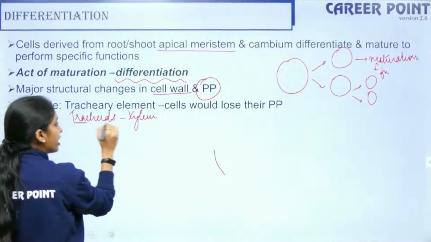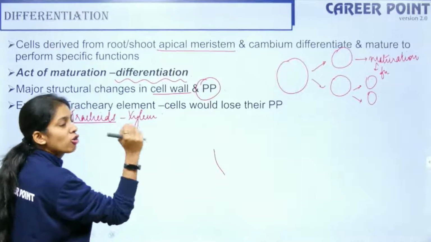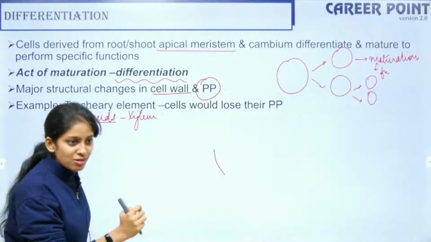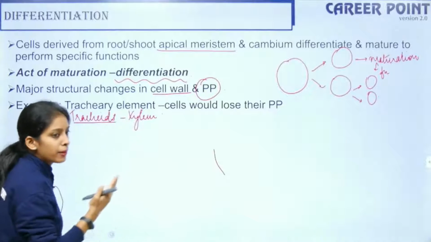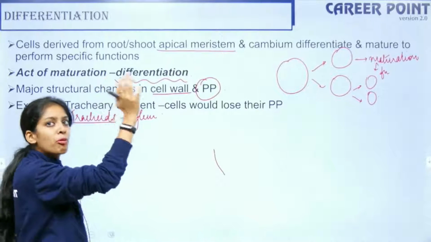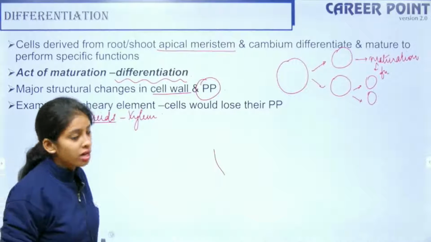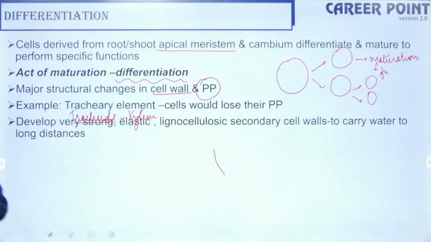But initially the tracheids are living. They contain protoplast when they undergo meristematic division. But when they tend to take up a final function, they lose their protoplast. So that is why they become dead, because now they have taken up a final function. They are performing the function of transport of water, right? So this is known as differentiation, right?